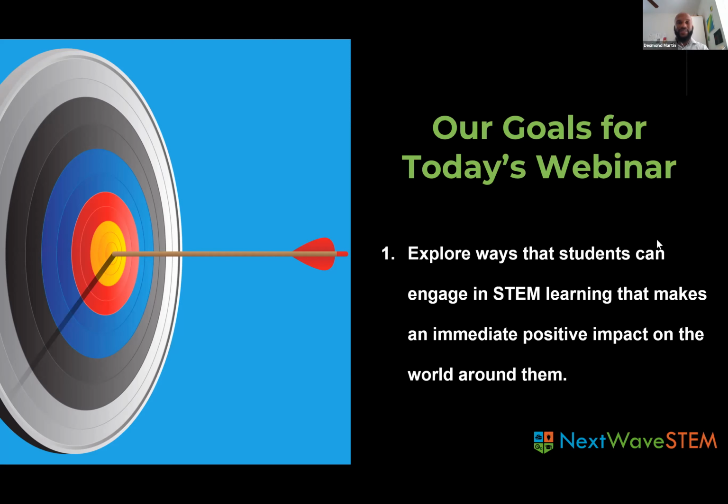Engineers spend their time considering ways to solve problems. If you want a very quick and summative definition of what an engineer is, that is someone who uses science, math, and technology as a professional problem solver.